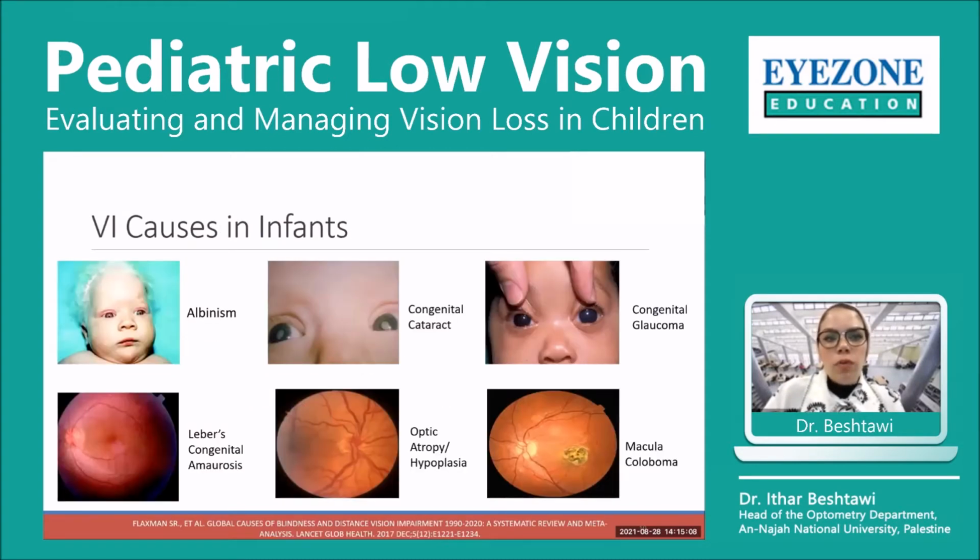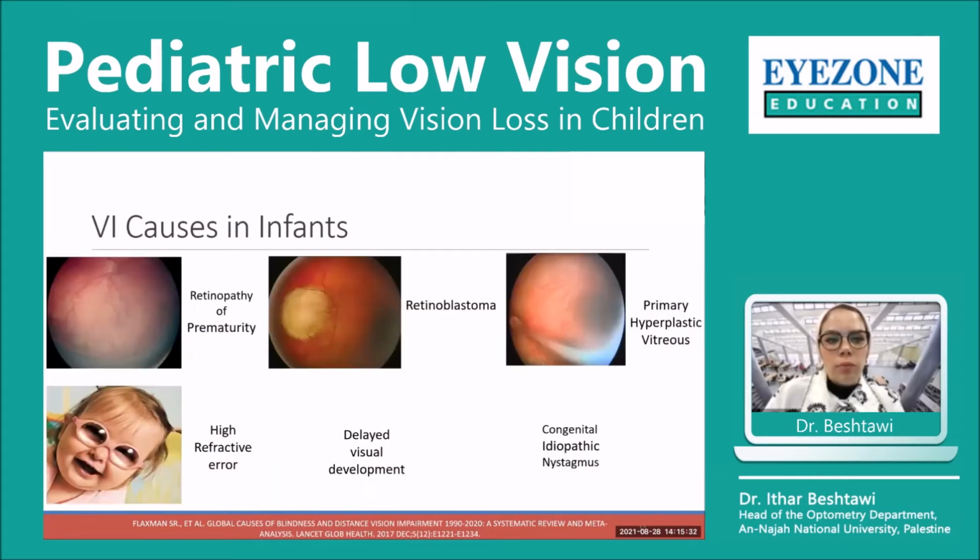Here are some of the most common leading causes of visual impairment in infants and babies, which include albinism, whether oculocutaneous or ocular albinism, congenital cataract, congenital glaucoma, in addition to macular coloboma, Leber's congenital amaurosis, and optic nerve hypoplasia.